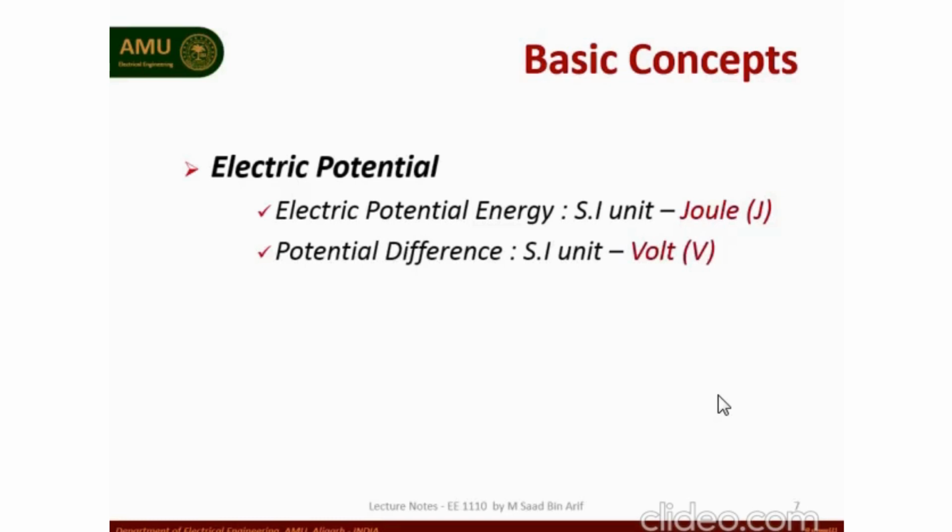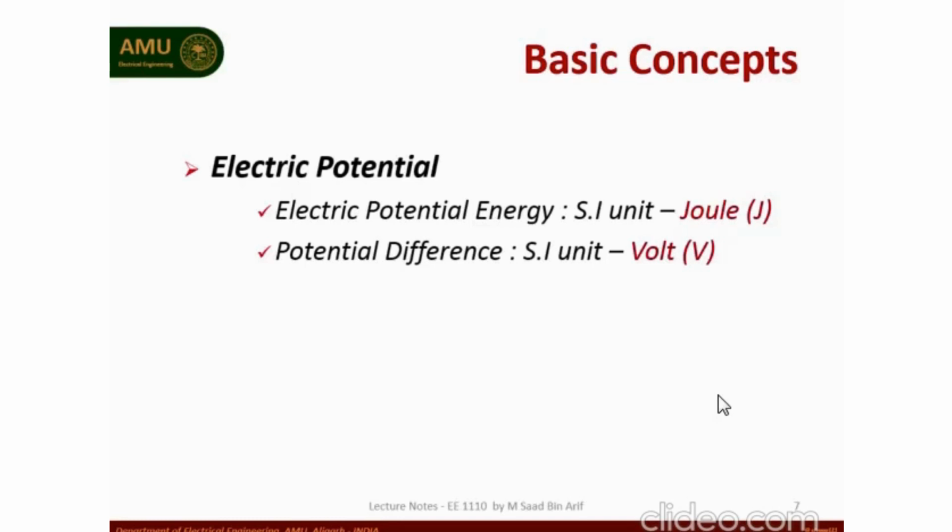Right now I am using the term electric potential difference instead of electric potential. Why? Because, as I told you earlier, an important point you have to remember throughout the course is that whenever we say electric potential at a given point, it is calculated with respect to a reference point.